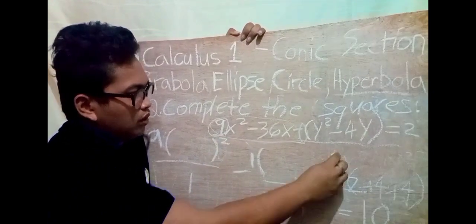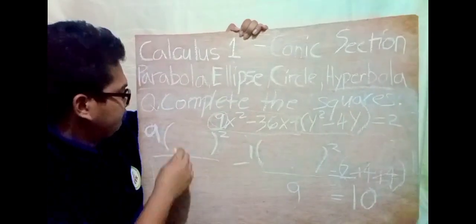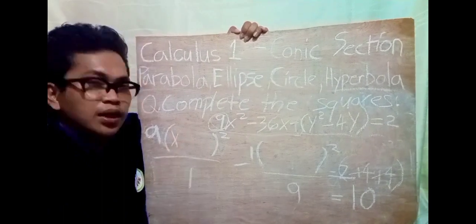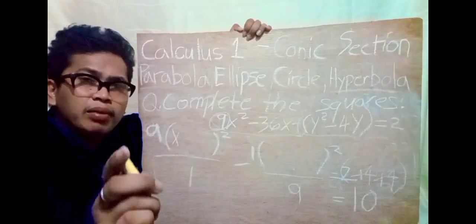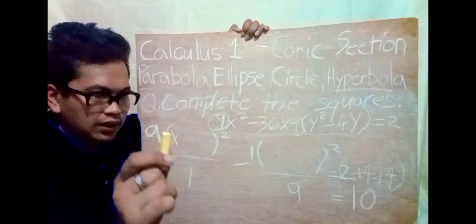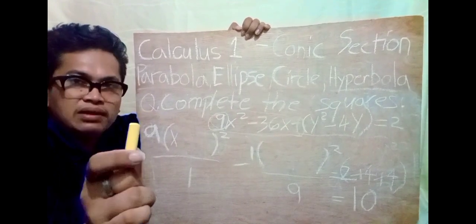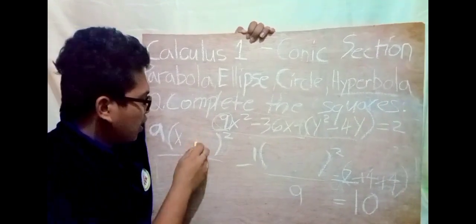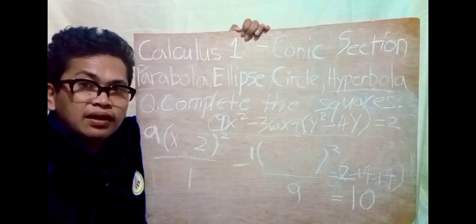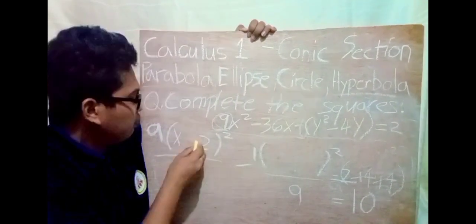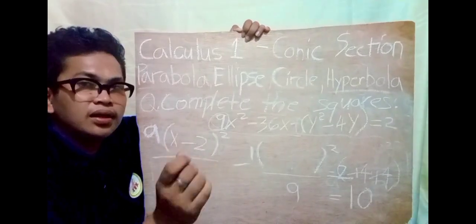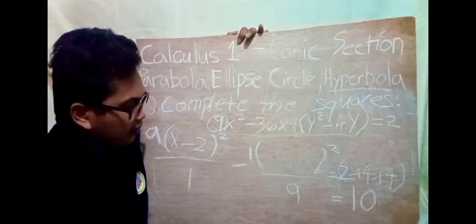Now put the x here: 4 divided by 2 is 2, so we have negative 2.